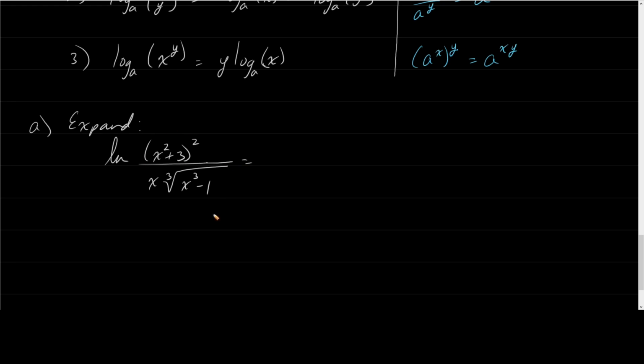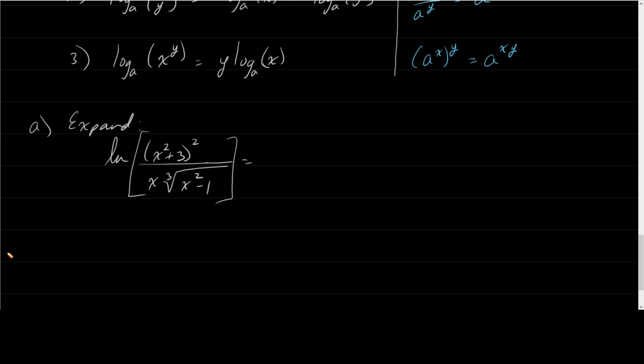Using rules of logs, and now you don't need to be able to do this all in one step like I'm about to do, but you should be able to do some of this. And I meant to do x squared minus 1 there, not x cubed.